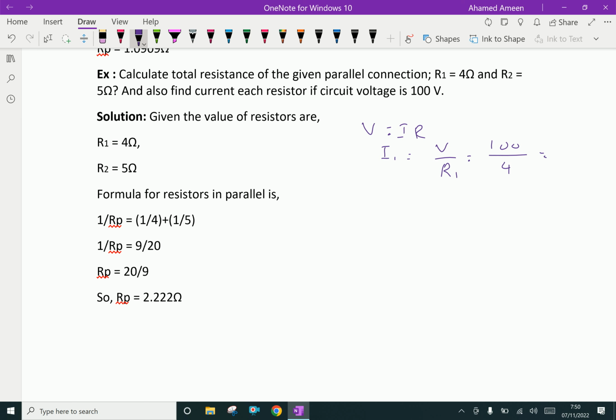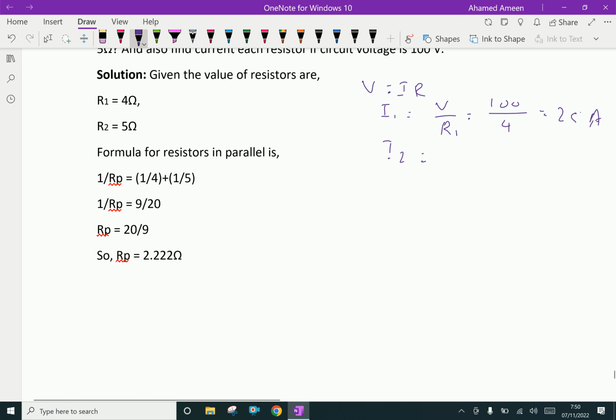Therefore the current I1 is 25 amps. Then I2 is V by R2. V is here 100 over 5, which is 20 amps.